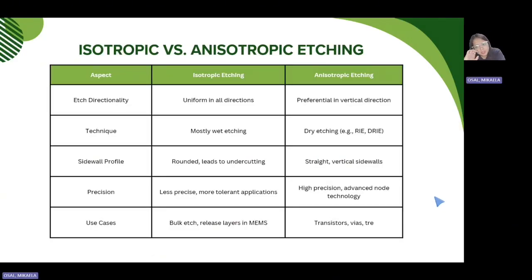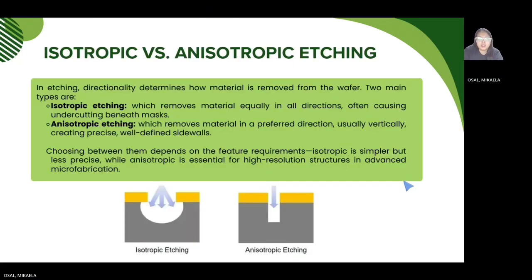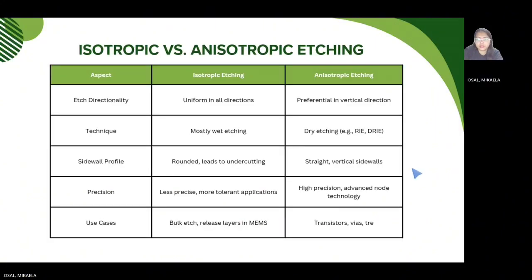So let's compare isotropic and anisotropic etching based on key aspects. In directionality, isotropic etching removes material in all directions. And anisotropic has a preferential directionality, typically vertically, allowing for more precise control over the etching process.